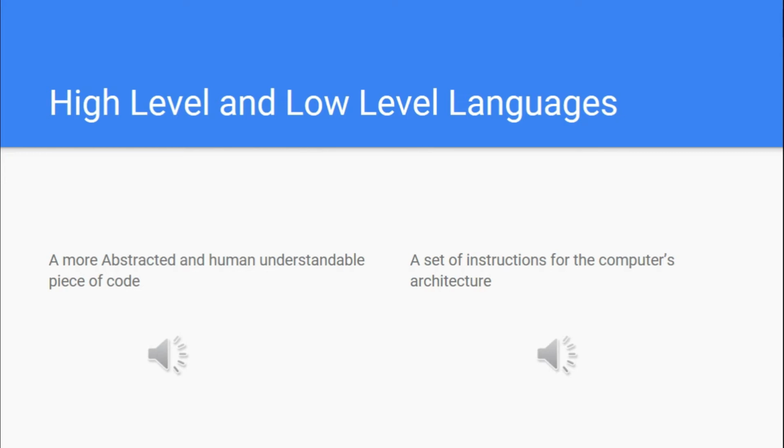It does not know the minor details or the inside elements of a computer. It is more understandable to a human mind rather than a computer. Because it's more understandable for a human, it's also simpler, and it makes the process of developing programs more efficient and easier for the user.